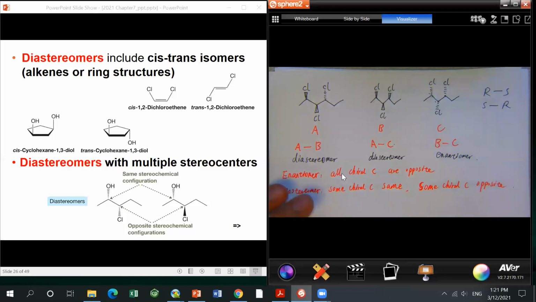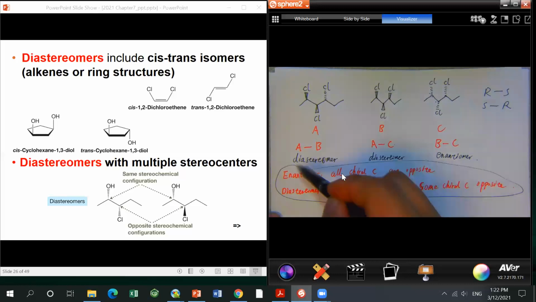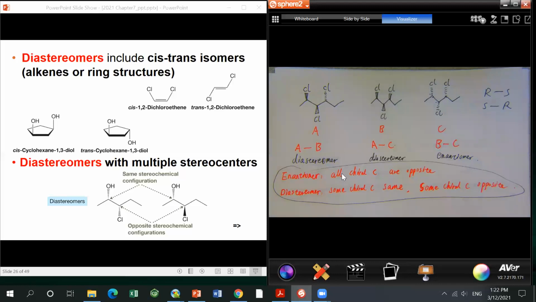You can practice designing R and S for these three molecules. Same means if R is still R, S is still S. Make sure you record this sentence, it helps you identify the relationship between two molecules.